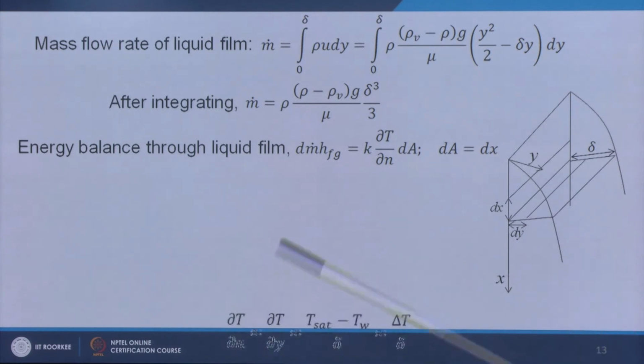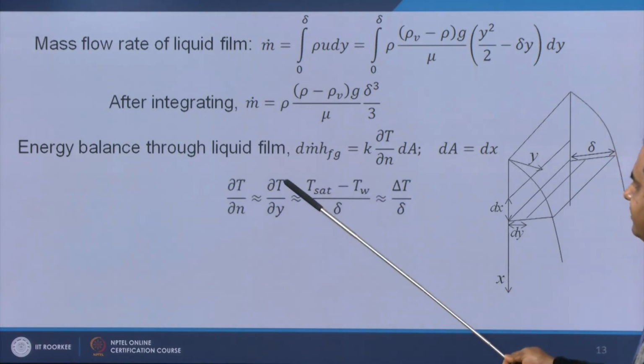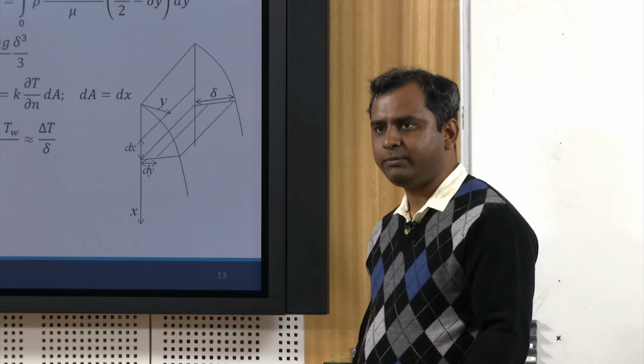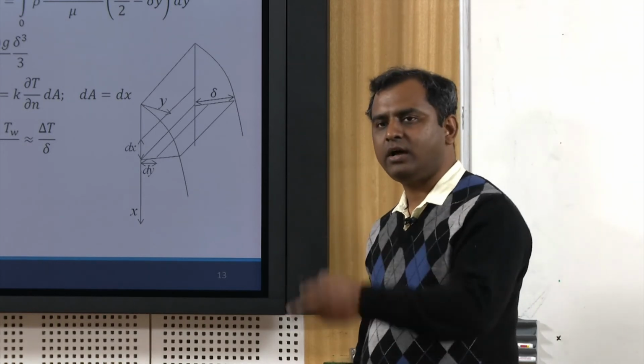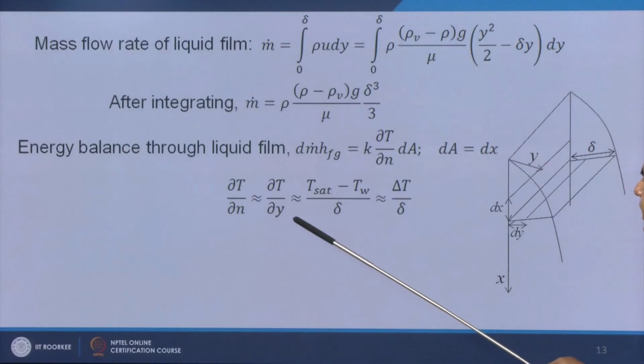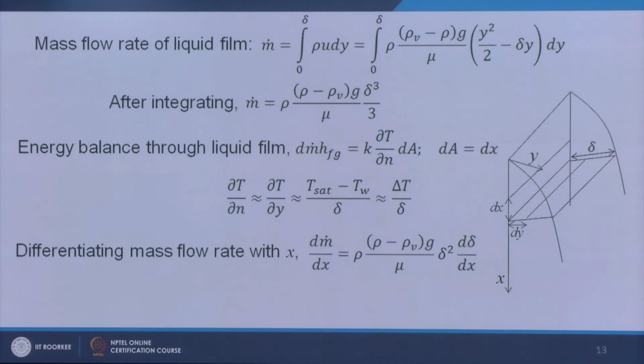From here we can write del T del n is nothing but del T del y, because in the x direction we are considering there is no gradient, since it is almost a vertical strip. So this is nothing but delta T by delta. If we put all these things in, we get del m dot by del x in this fashion.